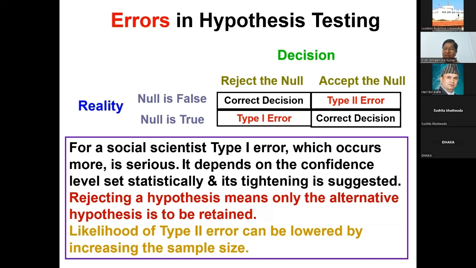If it does not come true, then we have to change the hypothesis also. The likelihood of a type 2 error can be lowered by increasing the sample size also. Sometimes there are errors in the sampling method of the research. We have to change the sampling, the sample size of the method.